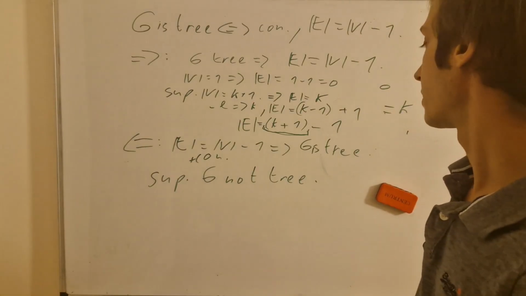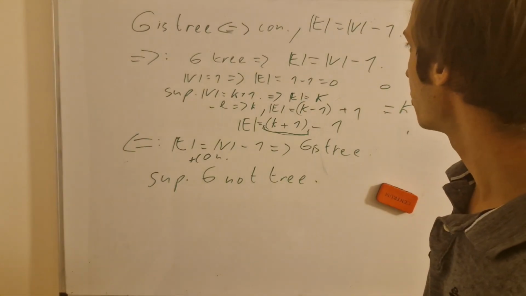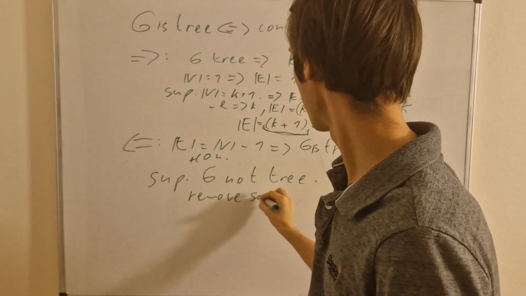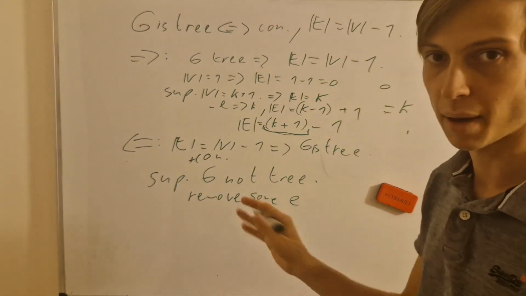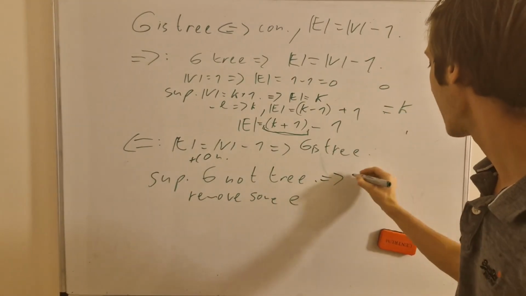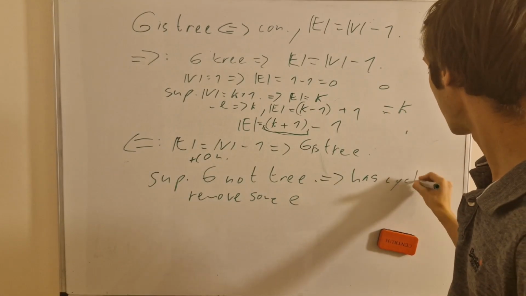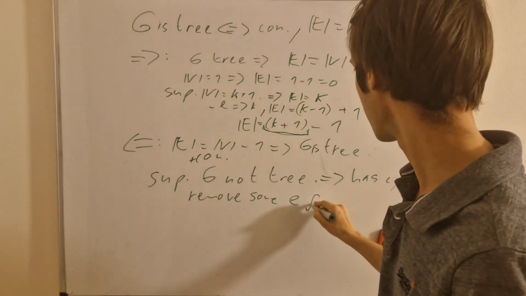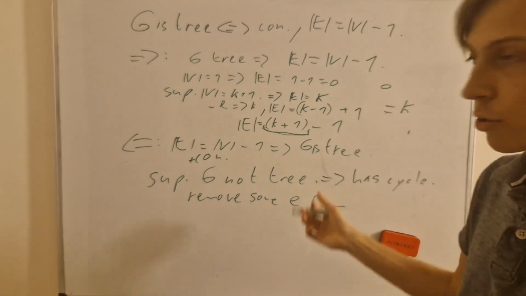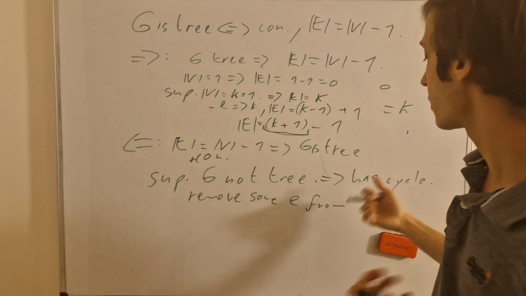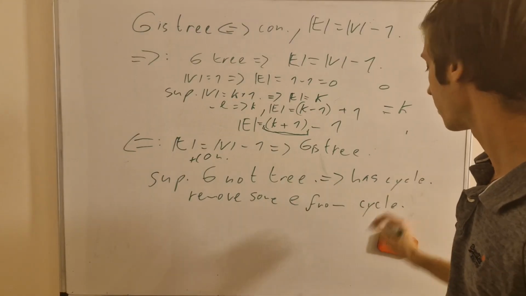In that case, it has a cycle inside itself. So this graph has a cycle, because it's connected and not a tree. So remove some edge from that cycle.